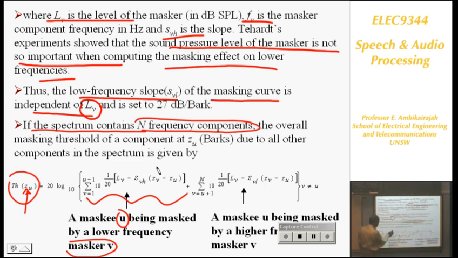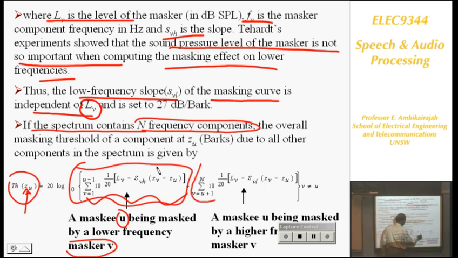So these two components are two different components contributing to the overall masking level. That means this level has got effects on all these frequencies and all these frequencies, and Tahr worked out an equation that using these slopes and these slopes, we can actually calculate the overall masking threshold.